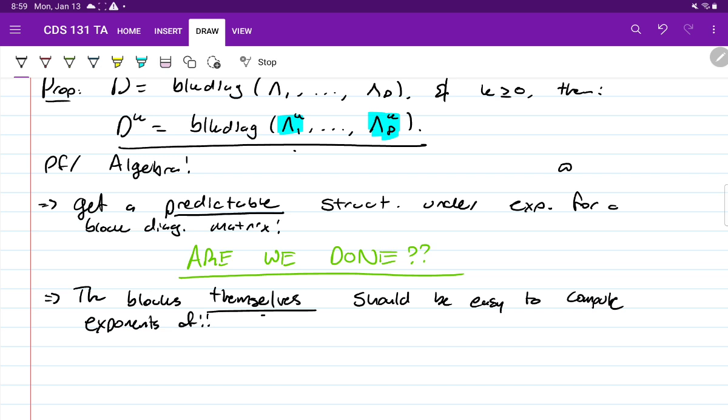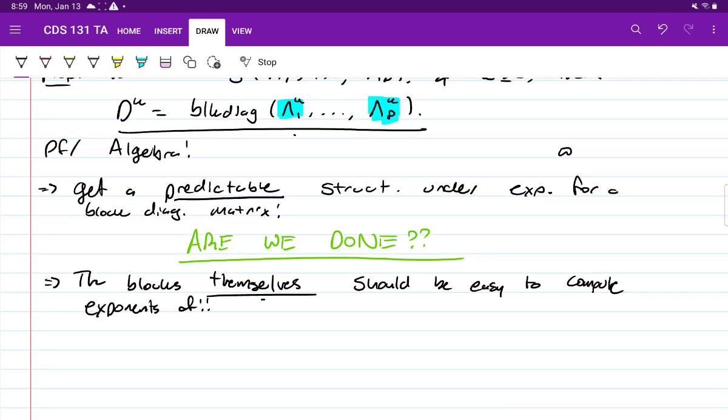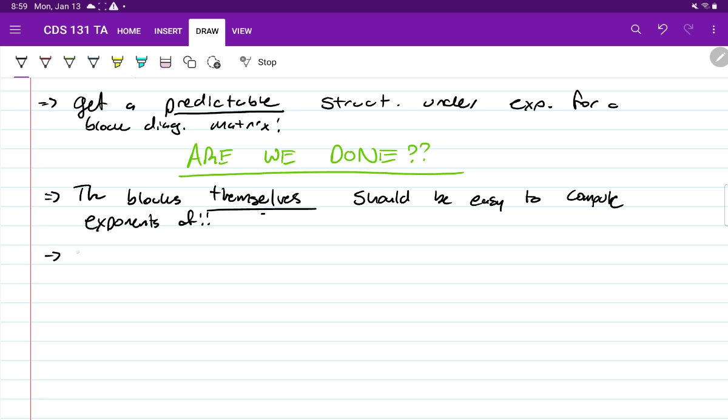So we'll require a specific structure on the blocks in addition to a specific structure on the matrix itself. What kind of structure might we look for? Well, obviously we have to rule out diagonal structure right away, because then our matrix D is just a diagonal matrix, and that's exactly the problem we were trying to avoid, right? So what we'll try instead is something that is as close as possible to diagonal.